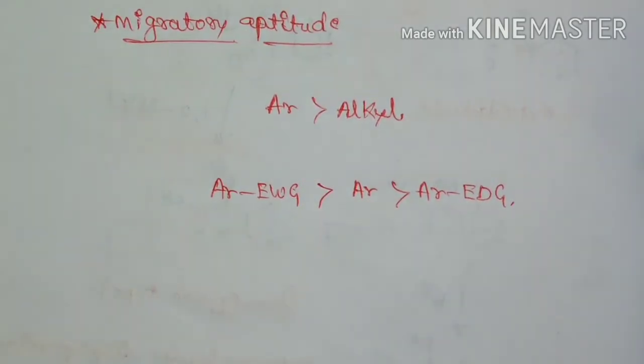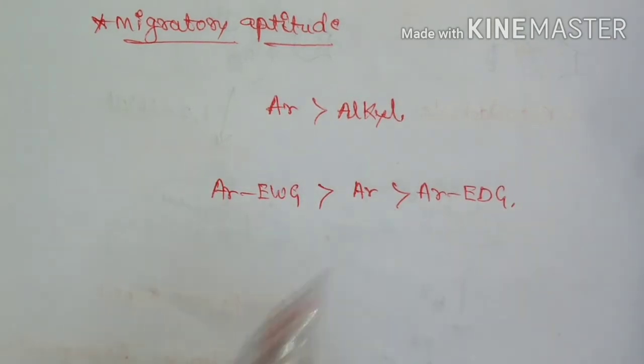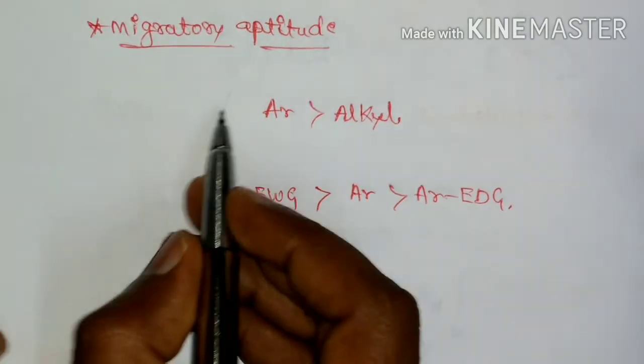Since the anion formed is greatly stabilized by the electron withdrawing group. So this is the migratory aptitude.